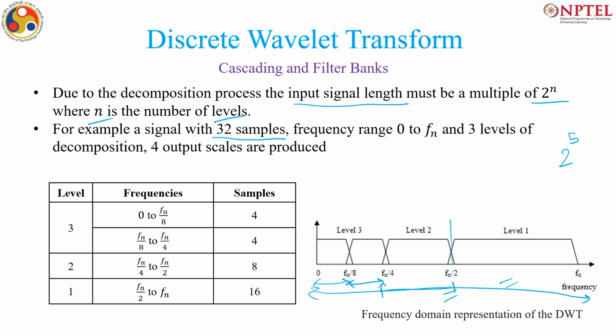So, first level, this 32 is split into 16 and 16. Say these are my detailed coefficients which are taken out, and these approximation coefficients are again split into 8 and 8. So, this is level 1, level 2 I do this, then I extract this detail, and then this approximation is again subjected to high pass and low pass, which will give me 4 and 4, and this is my level 3 decomposition.